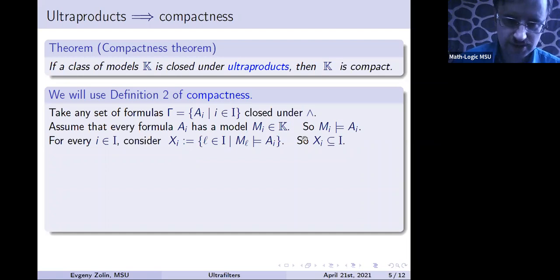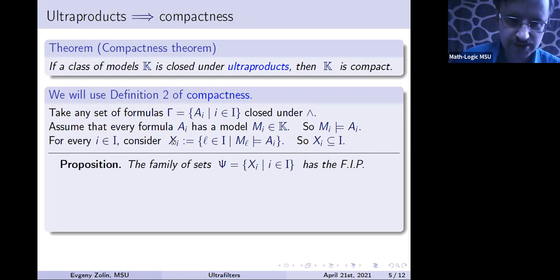So this is a subset of I. And we want to build an ultrafilter that has these sets as elements. But what do we need to check for this? We need to check that this family of sets has the finite intersection property: the intersection of finitely many sets of this kind is non-empty.